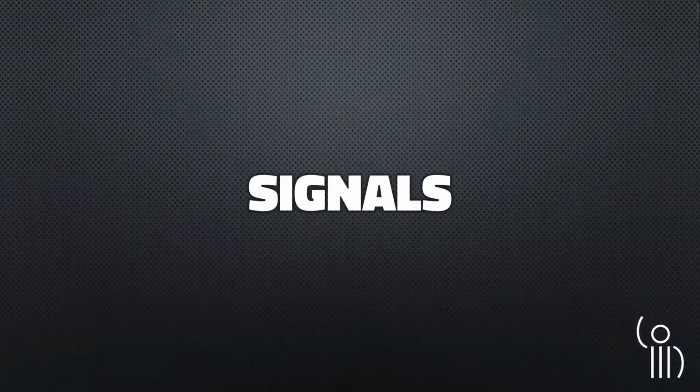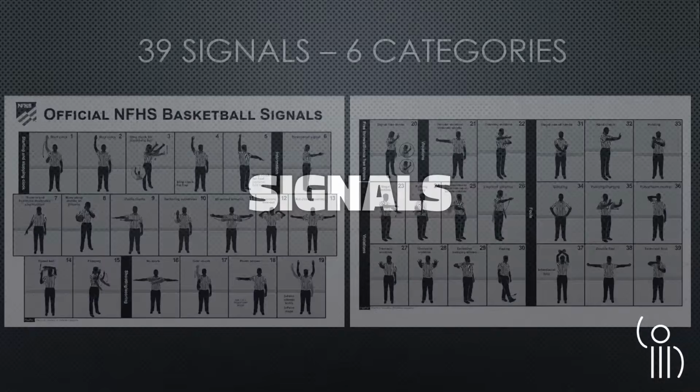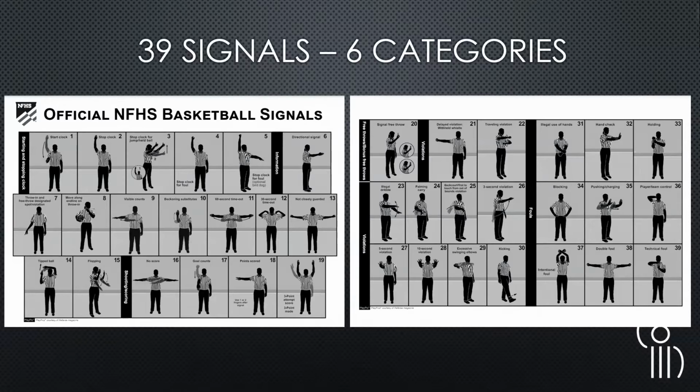All right. So let's start with signals. I haven't gotten the new rules book yet, but the old rules book had 39 signals. We're going to go through them all, not one by one, but there are a few signals in each category that I want to highlight. We've got starting and stopping the clock, information, shooting and scoring.